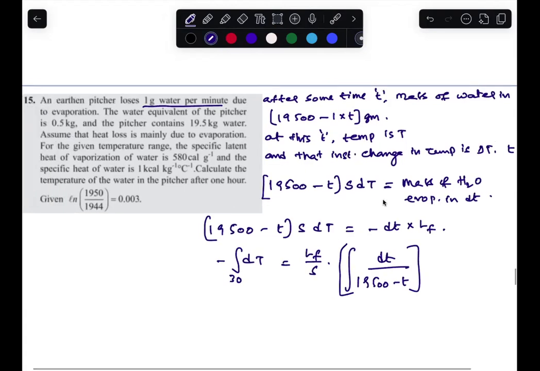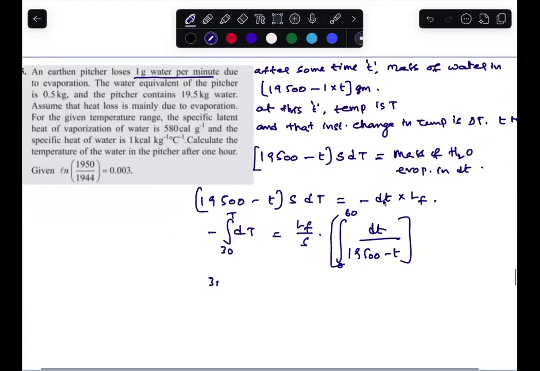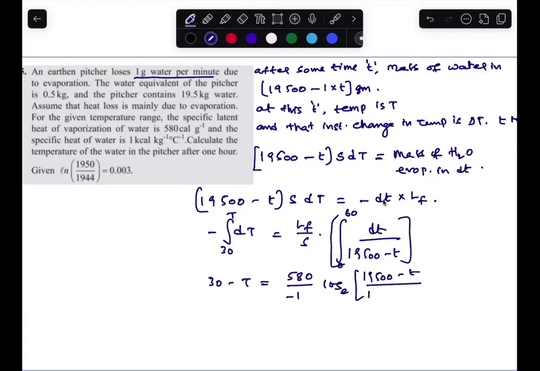You want the temperature after some time, after an hour, 60. So this is 30 minus T is L 580 by S, 10 power 3, kilocalorie per kg, that you can compensate with minus 1 because of integration, log e of 19,500 minus t by 19,500.